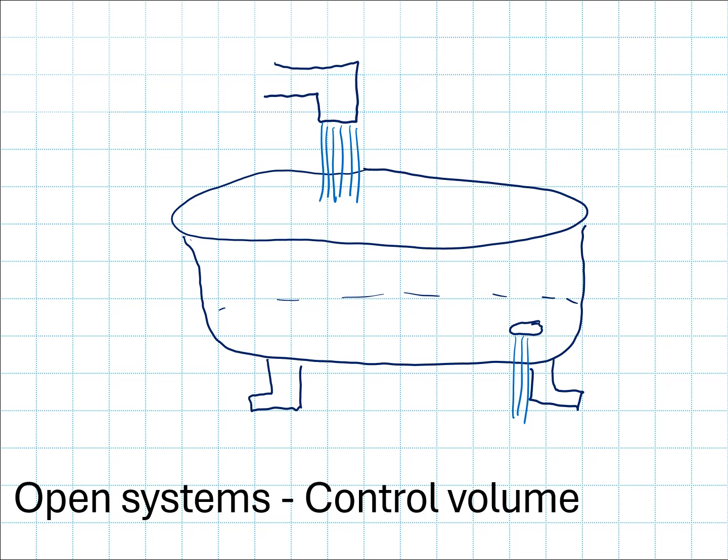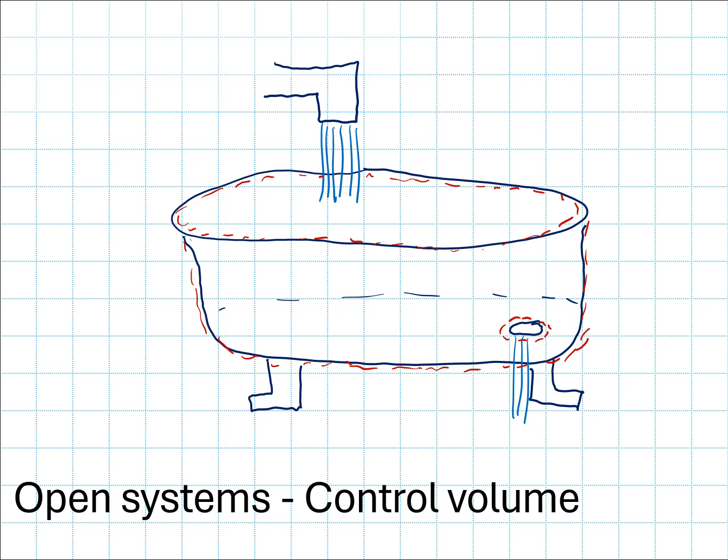And so if I consider the bathtub as my control volume, I can think about my control surface separating out everything that's inside of my control volume from everything that is outside. And so in this case, my control surface is a hard physical boundary of the tub walls itself, but then there's an imaginary boundary as well over my drain in the bottom and over the opening in the top where the water comes in.